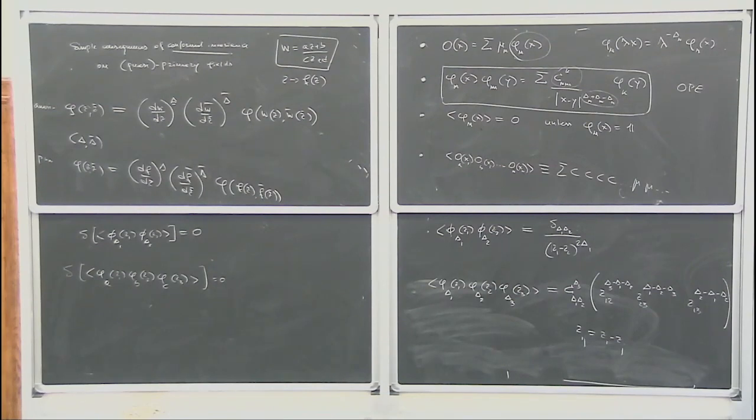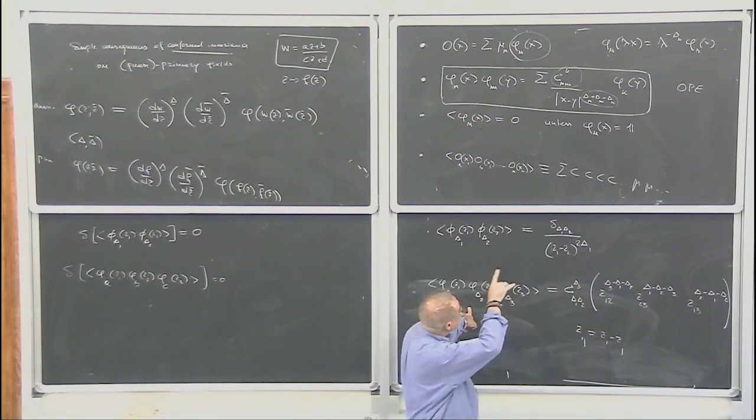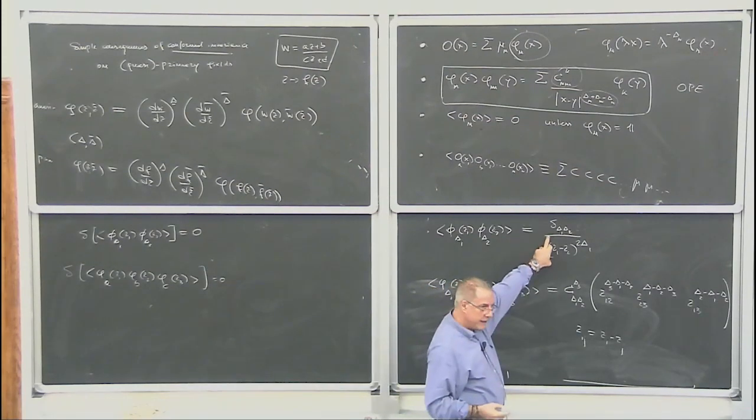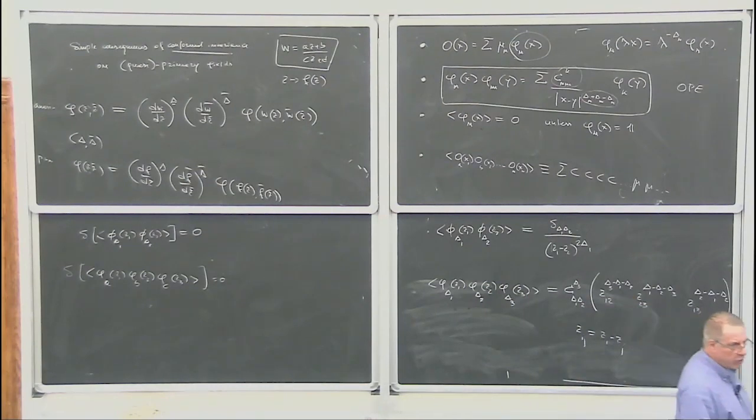No, I'm talking about quasi-primary operators. They are very special operators, not all operators. So this is the subtle point. When you make the operator product expansion of these things, you're going to get something, but infinitely many fields. And the orthogonality with the one holds only for primary or quasi-primary.